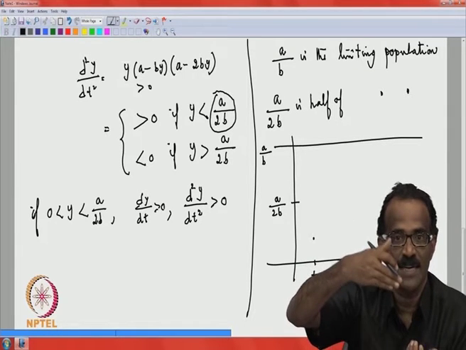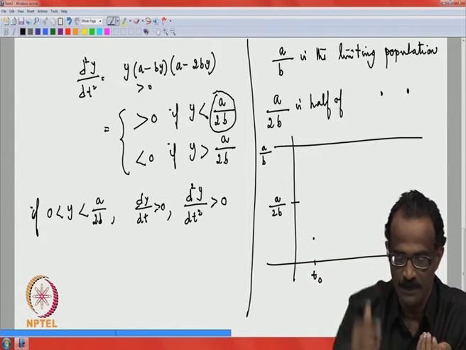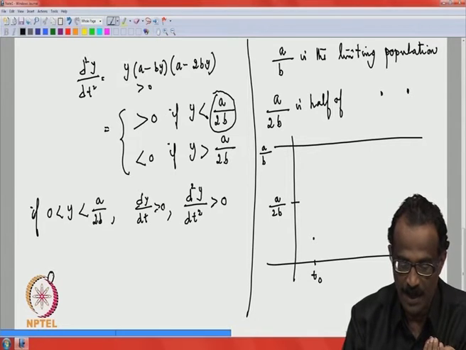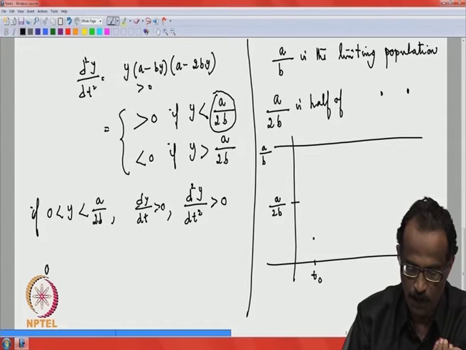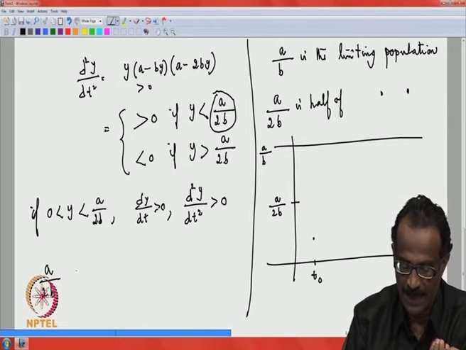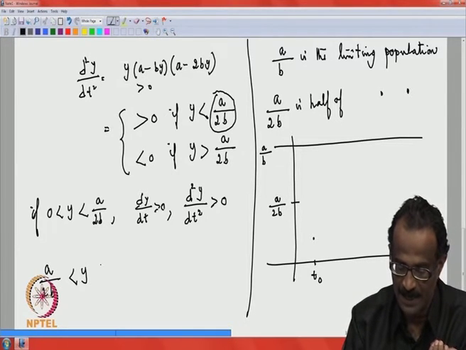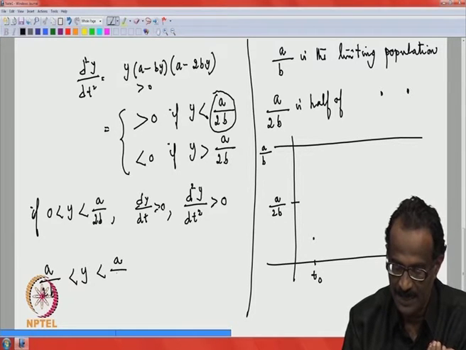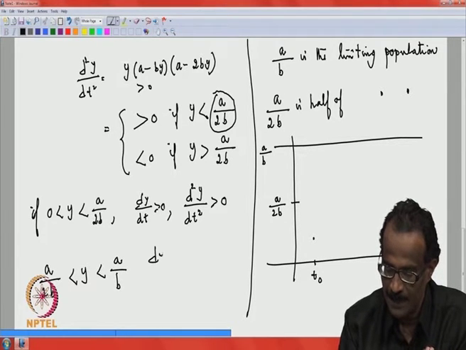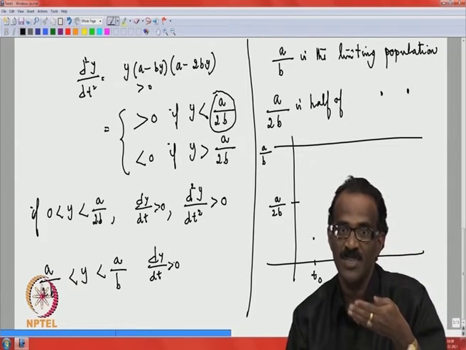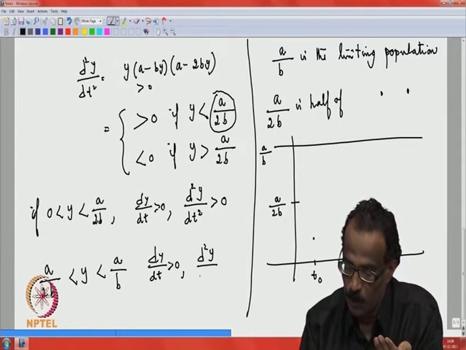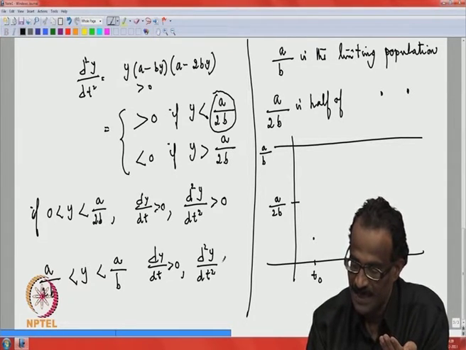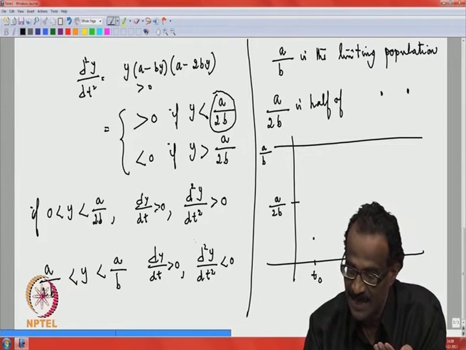So, the function is increasing with a very accelerated growth. But if the population reaches half of the limiting population, say a by 2b, and then moves on, never reaching a by b, in this situation dy by dt is still positive, that means the population is still growing, but the rate of growth of the population is a decelerated growth.